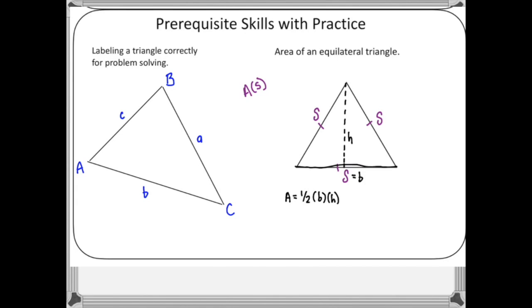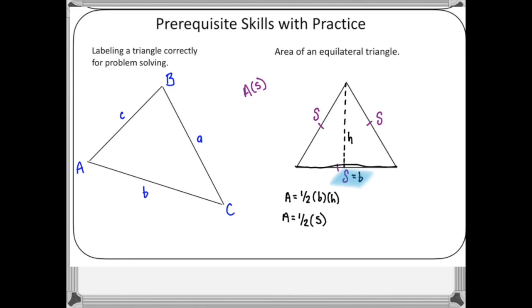But I also need to find height with respect to s, the length of one of the sides. So this is how we can start knocking this thing down. Let's highlight the piece that we have already. So s equals b, and the area is going to be 1/2 times s, and now I want to find h in terms of s.